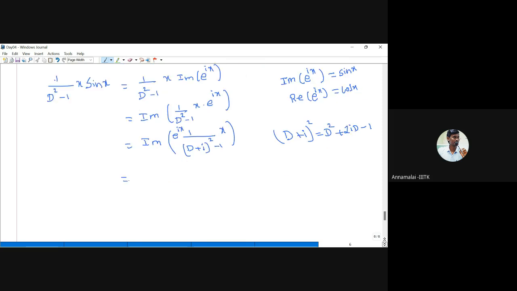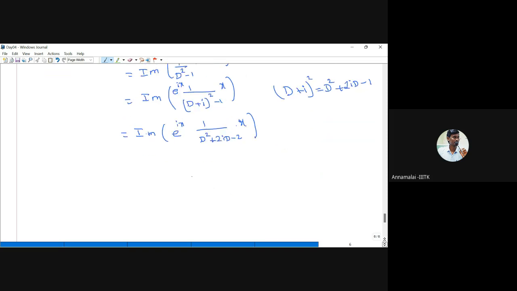So this is equal to the imaginary part of e power ix times 1 by D square plus 2iD minus 2, into x. Now you can take 2 outside, we need 1 plus something.